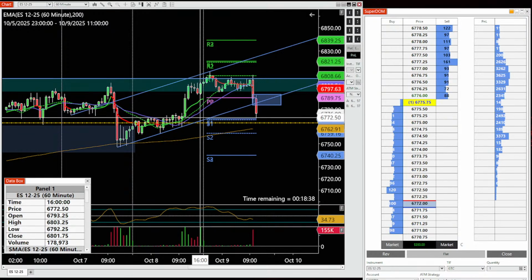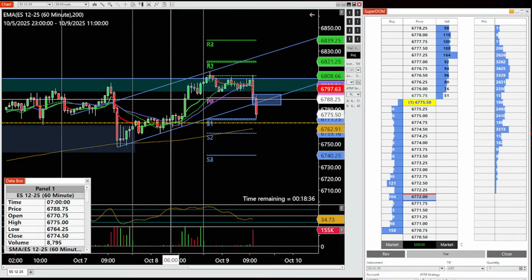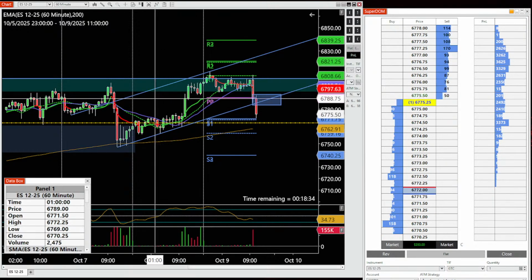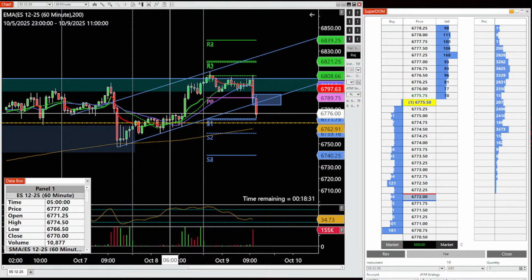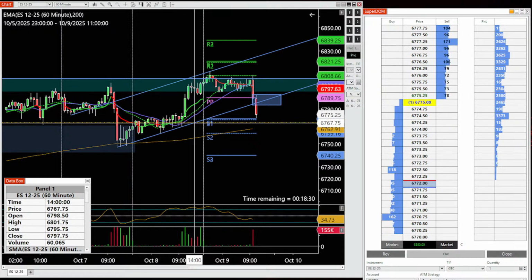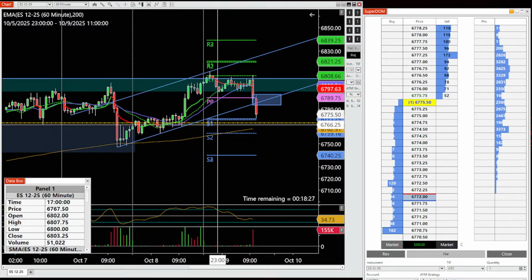Back to retest the breakout. See where we go from here. We go up or retest the weekly.